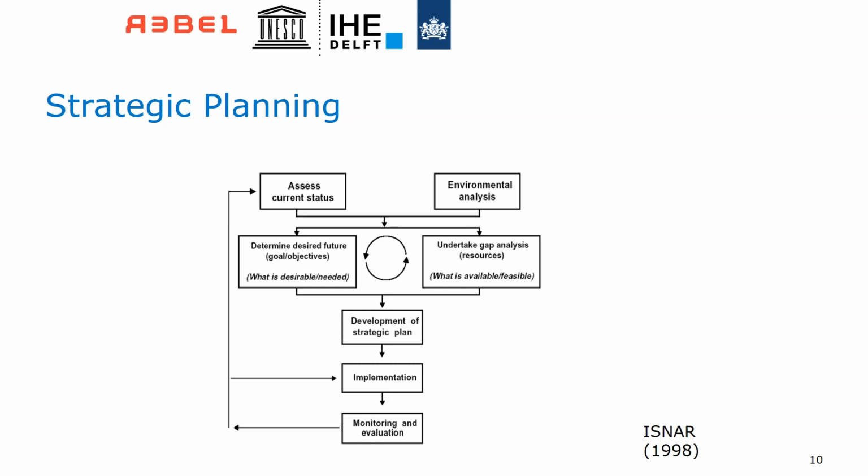Then you need to determine the goals or objectives of the SDI. And you need to undertake a gap analysis. You will find out that many data sets are needed by stakeholders but are not available or are not easily accessible. This all provides input to the development of the strategic plan.